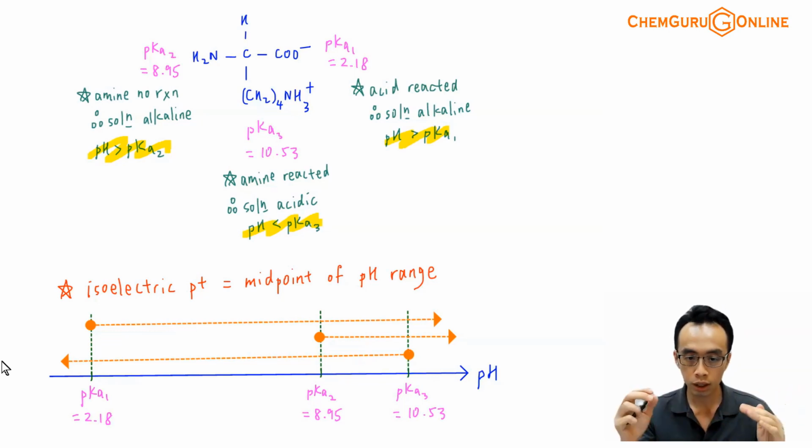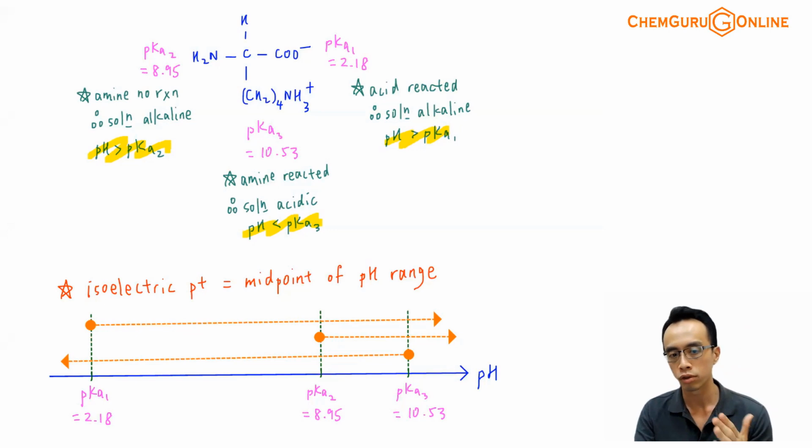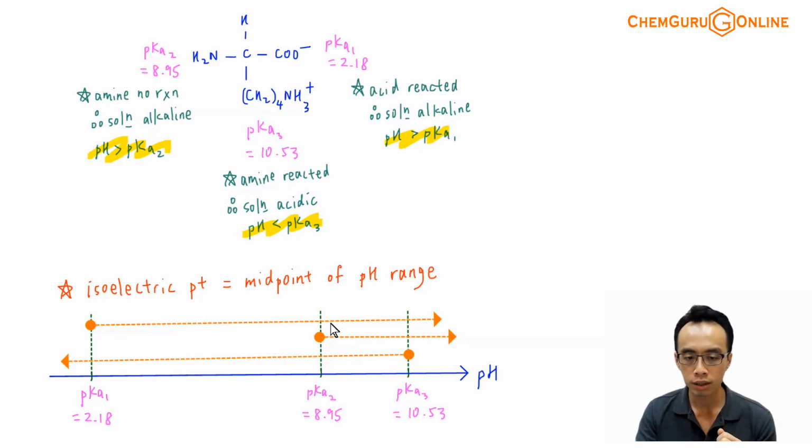So you notice once I have all these lines drawn out, using this number line, I think it is significantly easier for us to determine what is the range that is consistent with all this information. You notice my range is here between 8.95 to 10.53. So this pH range, 8.95 to 10.53, it is the range where your amino acid will exist predominantly as a Zwitterion.